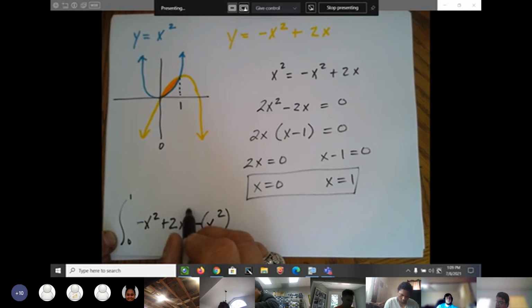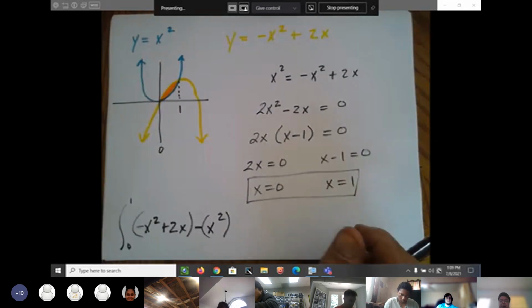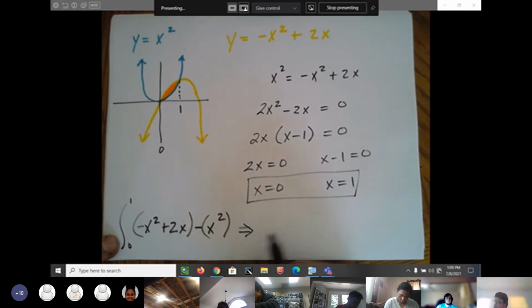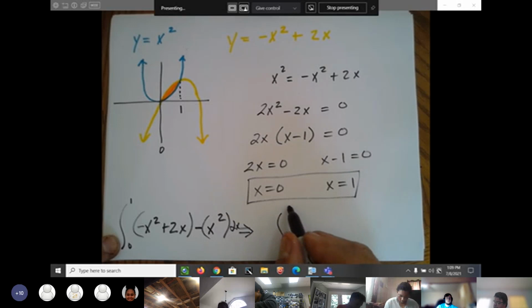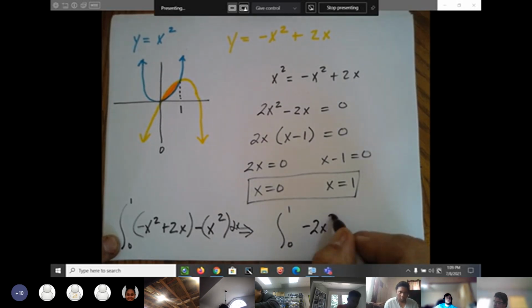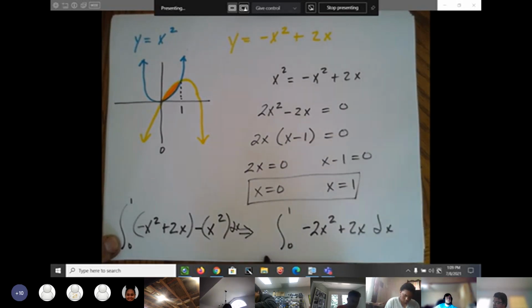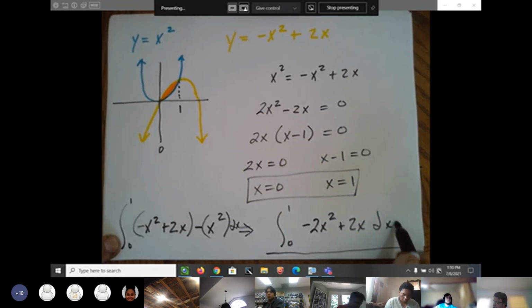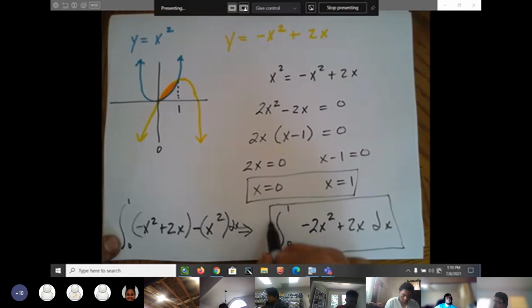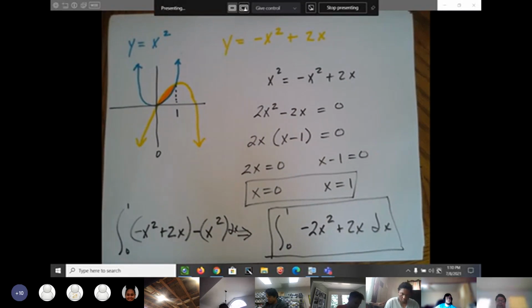You always subtract f of x minus g of x. The antiderivative from 0 to 1 of negative 2x squared plus 2x dx. And that is your setup. Okay, finish it out.